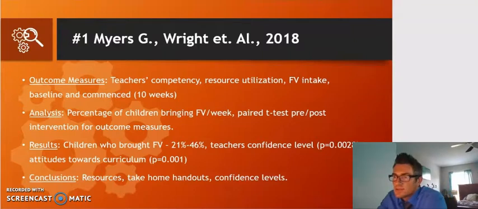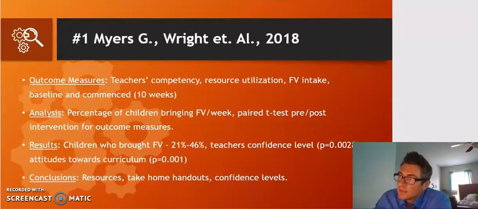So the outcome measures teachers' competency and how often they utilize the resources as part of the curriculum were assessed. Fruit and vegetable intake, as well as fruit and vegetables brought, was measured after the 10 weeks of sessions. The percentage of children bringing fruits was determined and examined using a paired t-test.